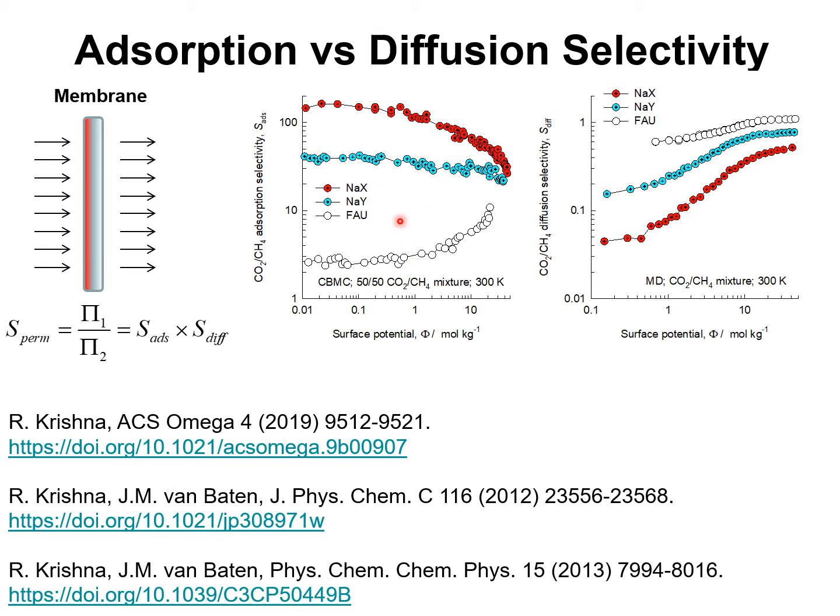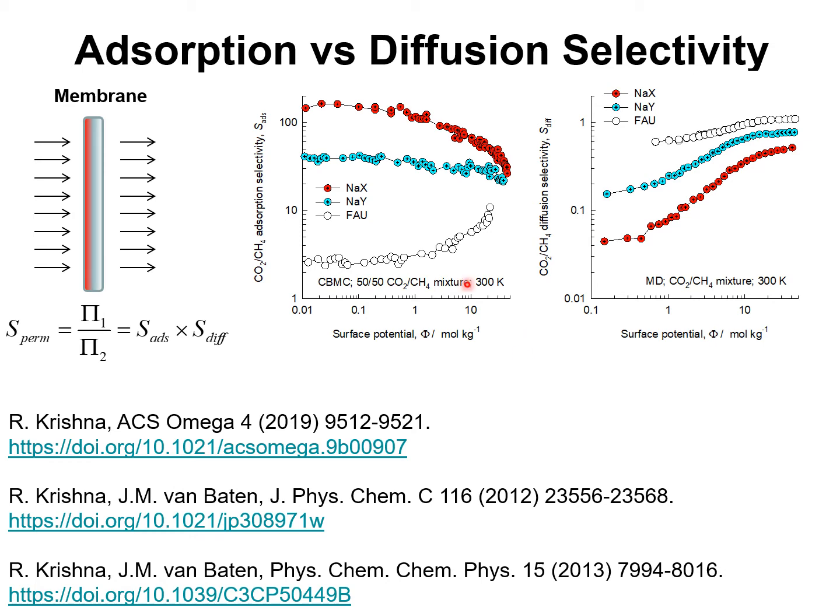The net result for use in membrane constructs is that while adsorption selectivity increases with increasing number of extra framework cations, the diffusion selectivity decreases, and the permeation properties of the membrane is a reflection of the anti-synergy between adsorption and diffusion.